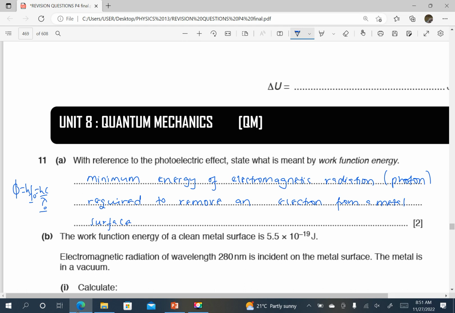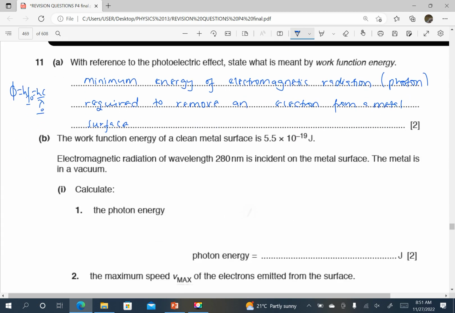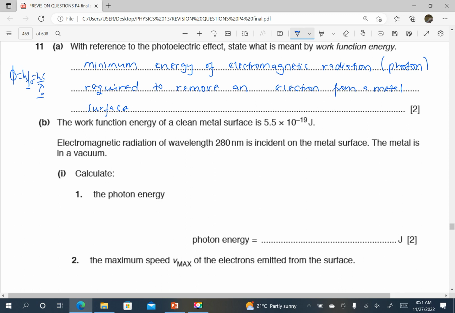That minimum energy of electromagnetic radiation below which no electron is emitted from a surface is what we call the work function. The work function energy of a clean metal surface is given as that, so that is phi.